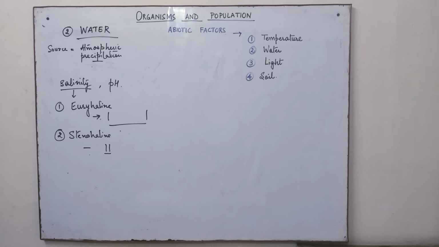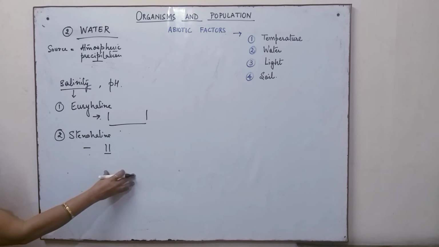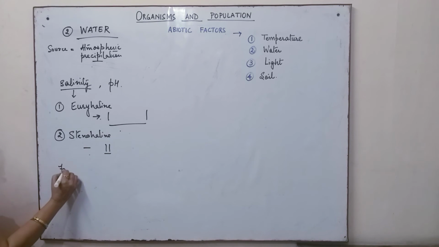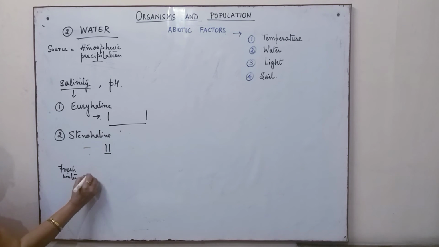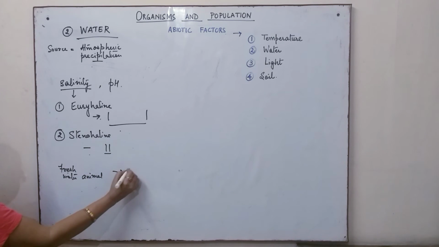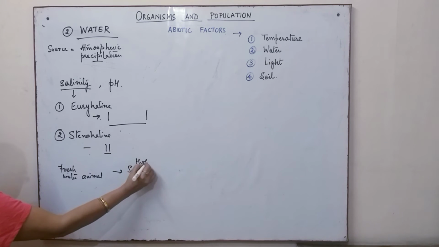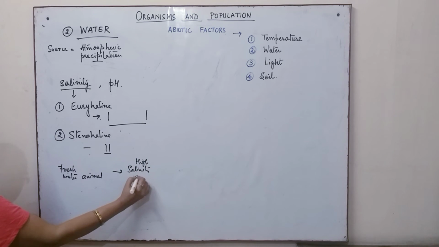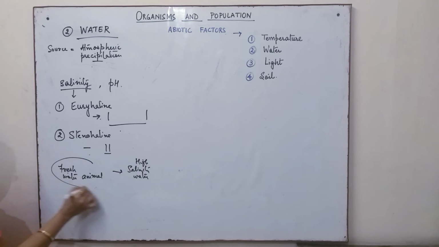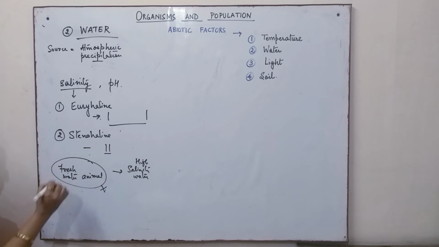The freshwater animal will not be able to thrive in saline water. If we put a freshwater animal into saline water, that is high salinity water, this particular organism will not be able to survive.